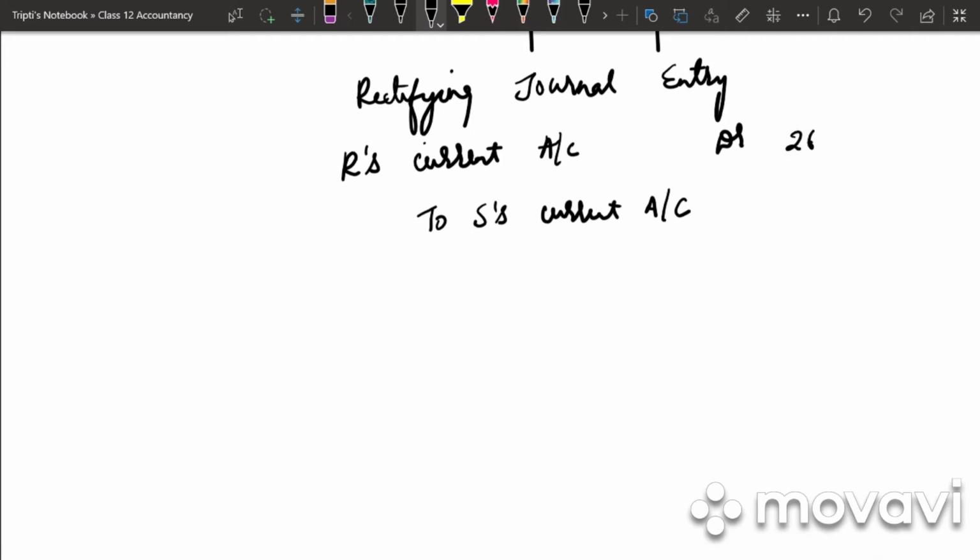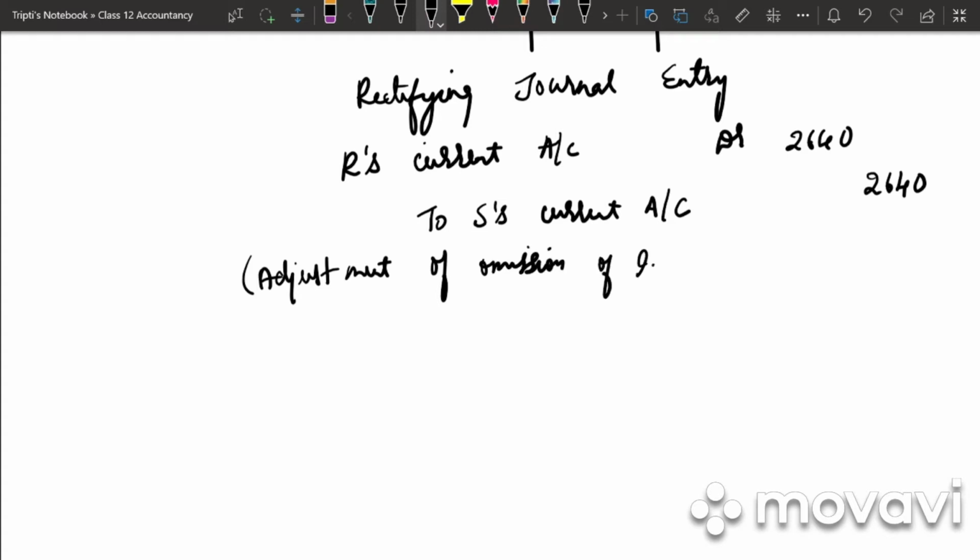So R is 2,640 and S is also 2,640. So we will be writing the narration: adjustment of omission of interest on drawings. So clear?